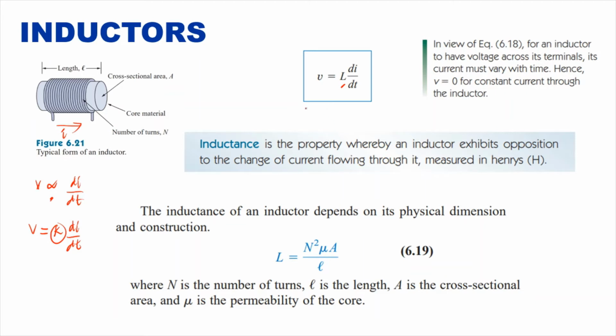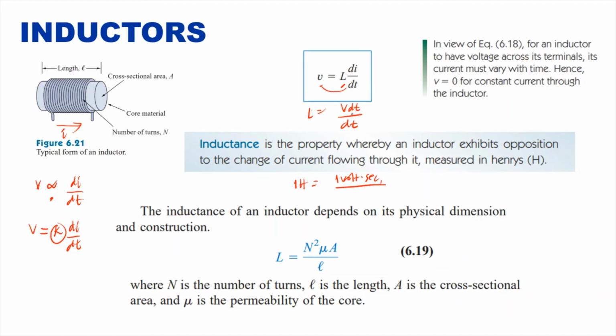Ang value ngayon ng L natin, kung titignan natin, cross-multiply natin ito. So, that is V dt over di. So, 1 Henry is equivalent to 1 volt second, kasi time yun, dt, per ampere.